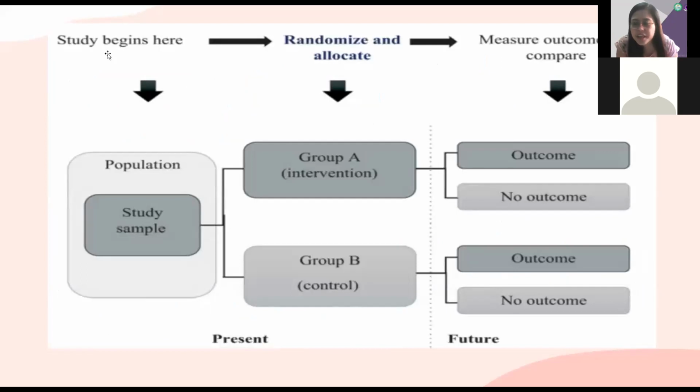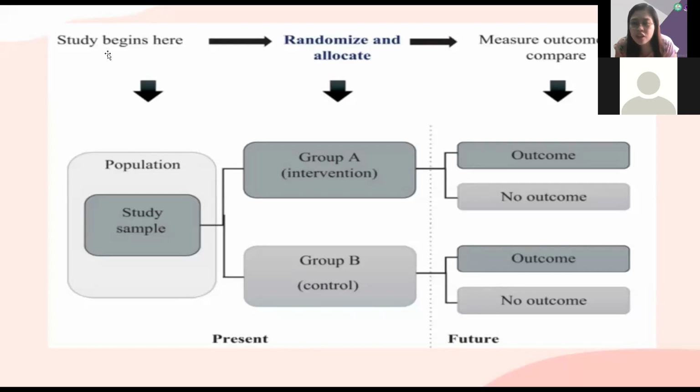So this will be the diagram for the research design. The study begins here, meaning mag-identify og population or study sample. And then we will divide them into two. There should be randomization. We cannot call it an experimental design without the randomization. So you have to group them randomly.